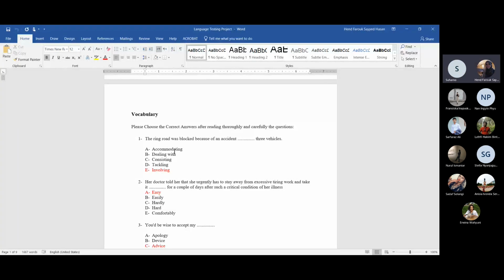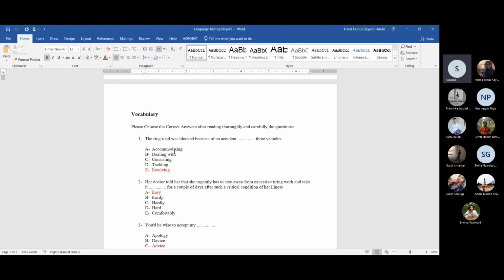So you could put in brackets: the correct answer only one, and then in brackets A, B, C, D, or E, because you have five options. So it will be clearer for the testees.